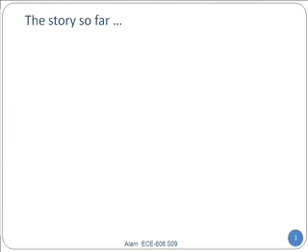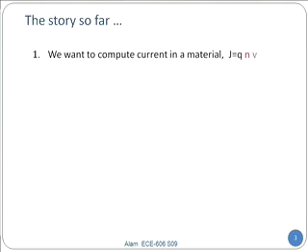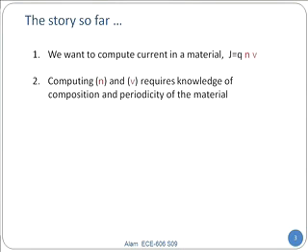Now, if you remember our discussion so far, we are interested in calculating current through a semiconductor. And in order to calculate the current, we are interested in the resistivity that depends on the material as well as the arrangement of the atoms. In that case, we really want to know two quantities. One is the electron density, which is how many free carriers you have available for conduction.